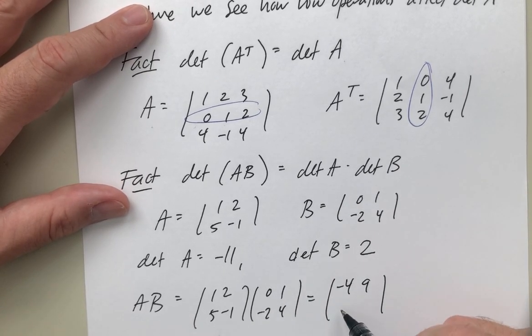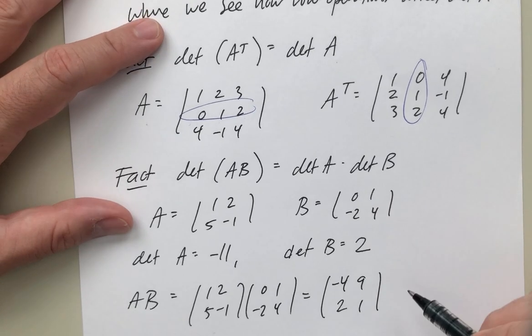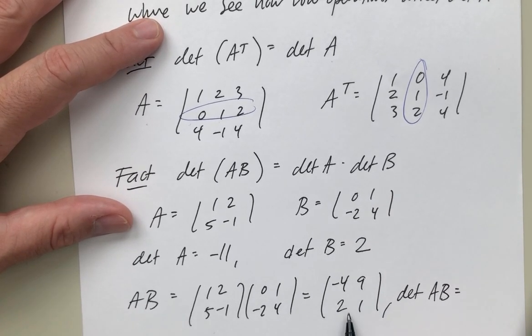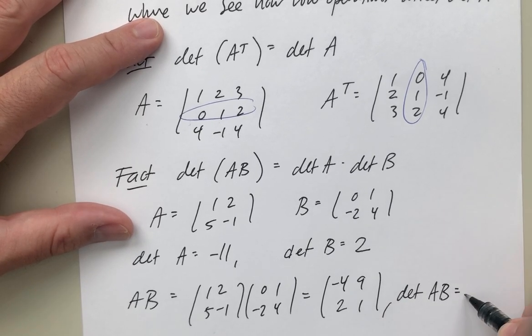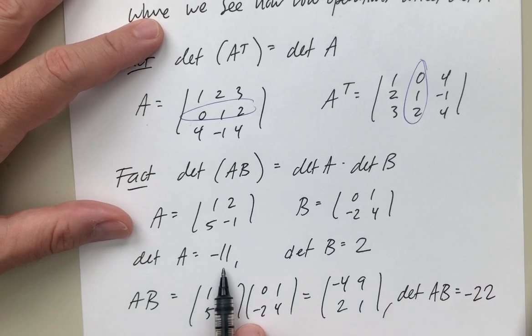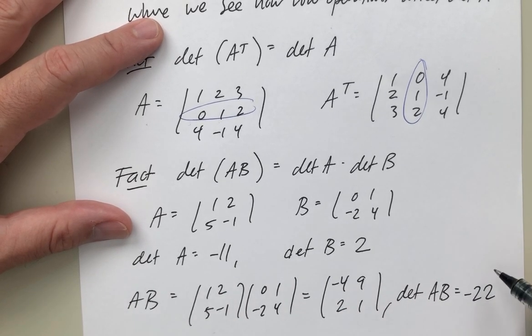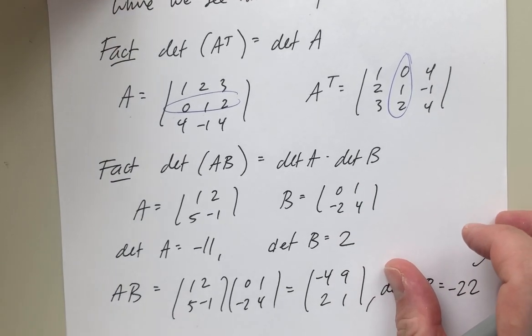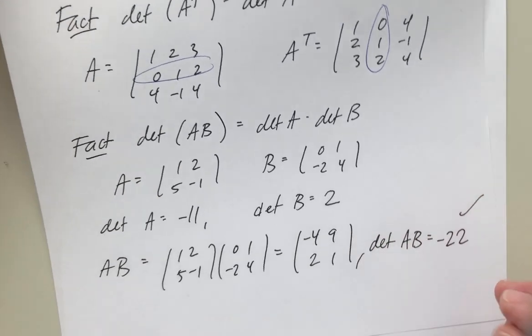Okay. Then I get a 2 and a 1 here. And so what's the determinant of AB? It's minus 4 minus 18, which I think is minus 22, right? Good. And that's right, because look at this. The product of those two things is minus 22 as well, and so it works. Of course, that's not a proof, but it shows you how it looks in action.